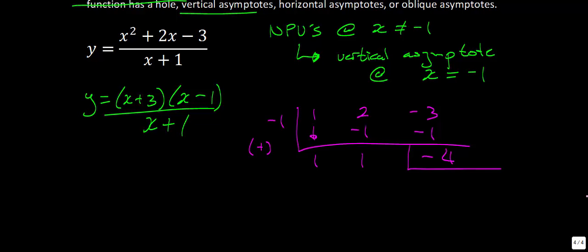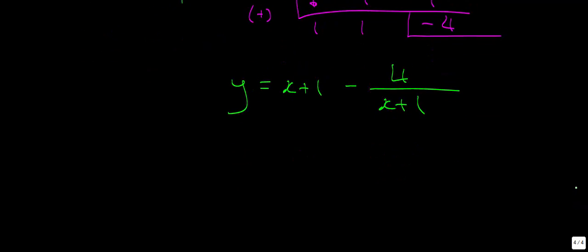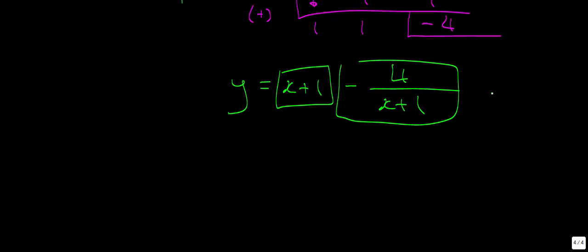Okay. So what does this help us say? This helps us rewrite the function in a different light here. So we have y is equal to, we always start with your quotient, so this is my constant, that's my x term, so we have a quotient of x plus 1. We have a remainder of -4, so it's going to be minus 4 all over my divisor, which was x plus 1. Now from here, as you can probably imagine, this function is going to be broken in two.